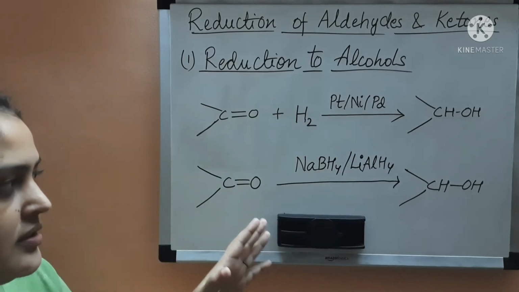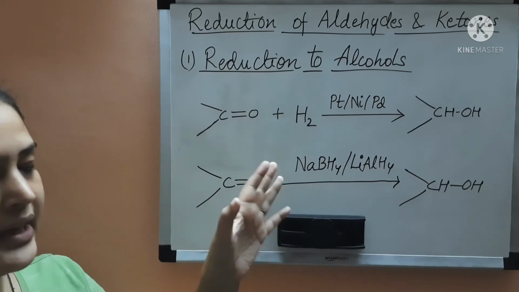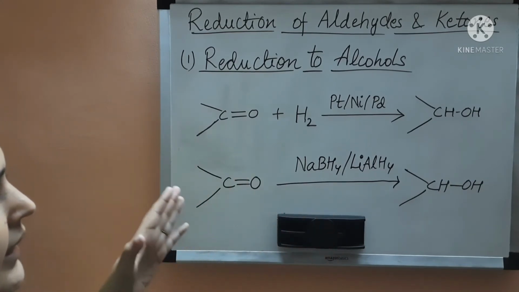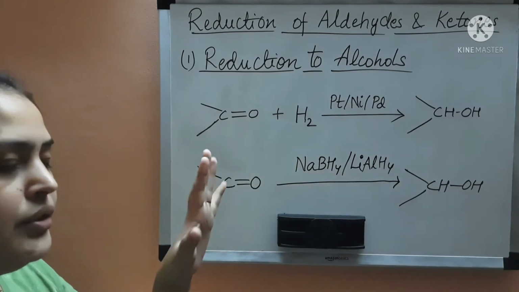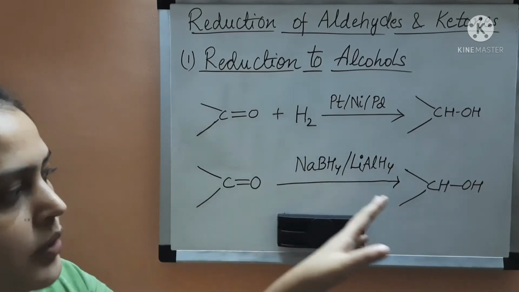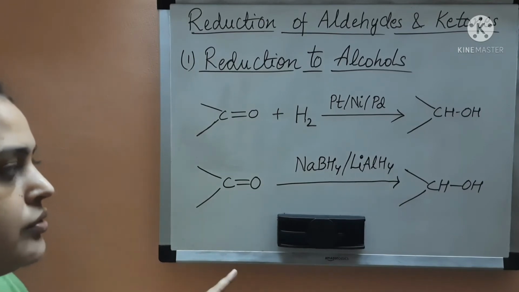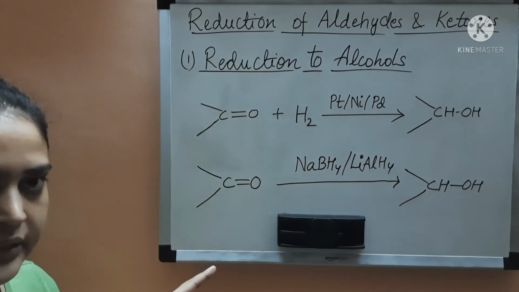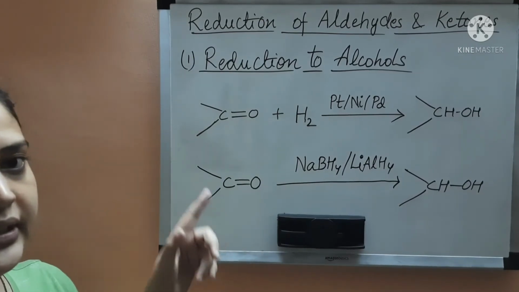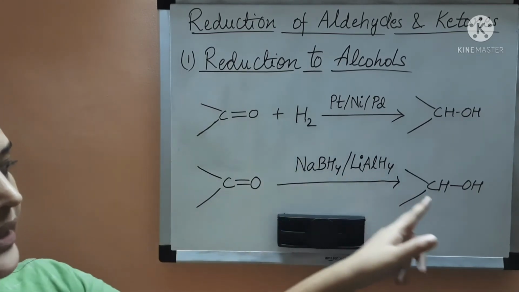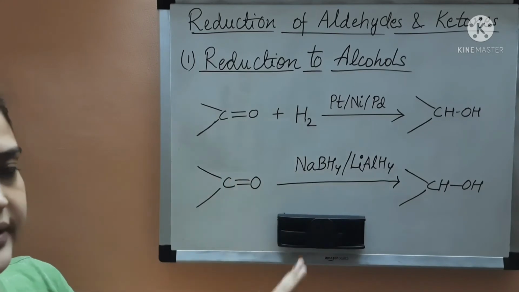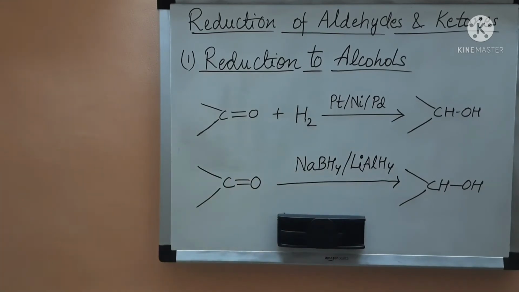Any of these reagents can be used over the aldehyde or ketone to get the alcohol, because they reduce the carbonyl compound to alcohol. And here also the aldehyde will give the primary alcohol and the ketone will give the secondary alcohol, and the reason you know. So this was the reduction to alcohols.